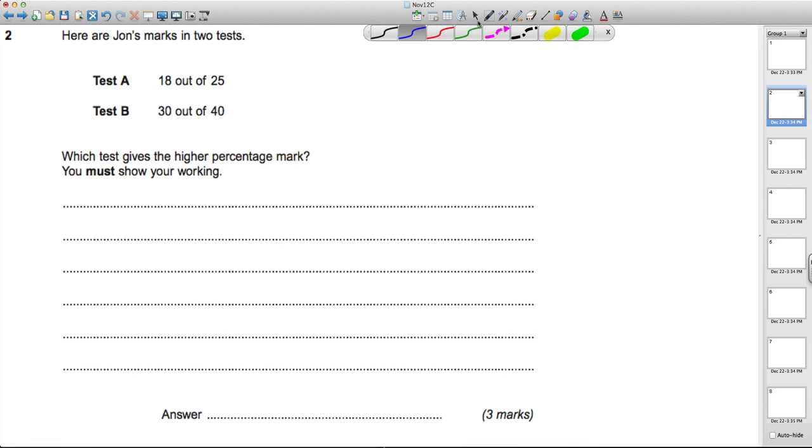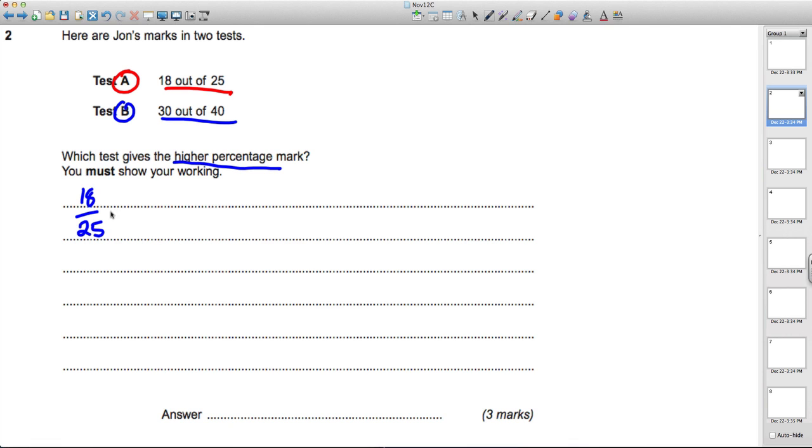John sits 2 tests, so he scores 18 out of 25 in test A, and he scores 30 out of 40 in test B. Which test gives a higher percentage mark? You must show your working. Very straightforward. 18 out of 25 times 100 would give you 72%. 30 out of 40 multiplied by 100 would give you 75%, and therefore make a conclusion.